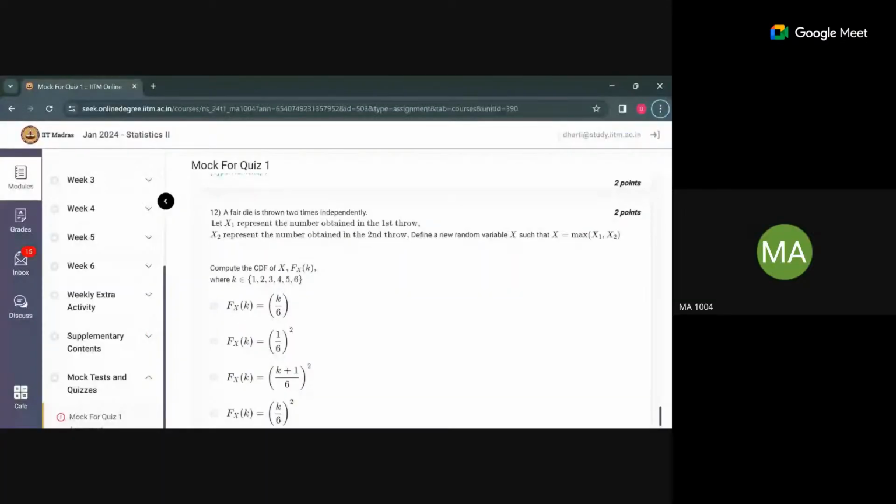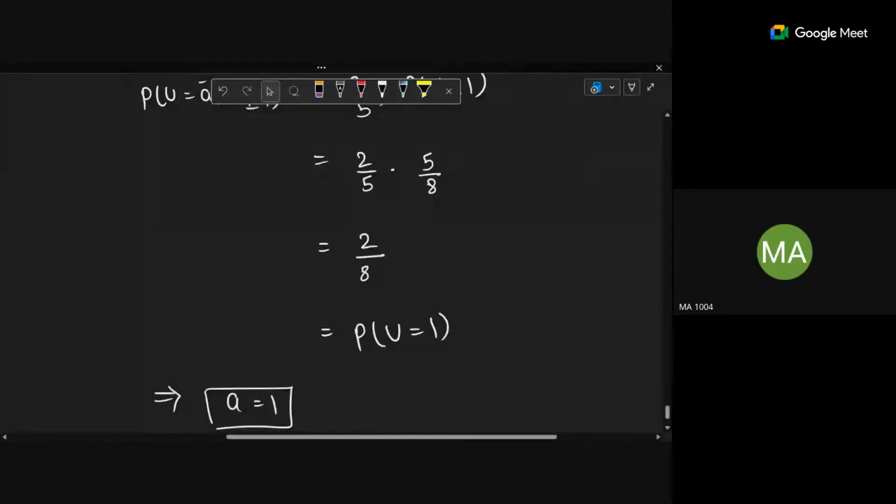What's the next one? Ma'am, the last one. How did you compare it from the table? I couldn't get that. In the table, just find which value is giving you 2 by 8. Our calculation ended up with 2 by 8, right?